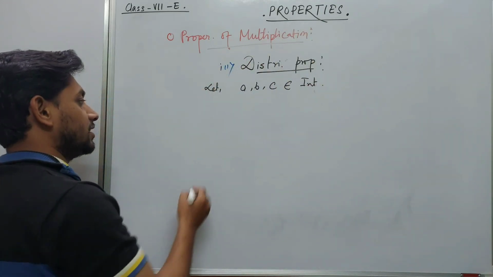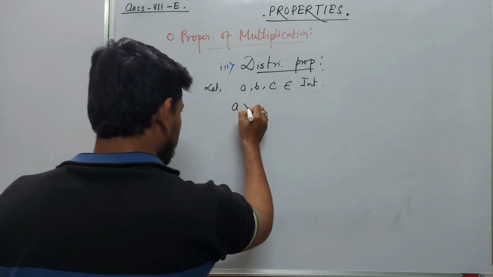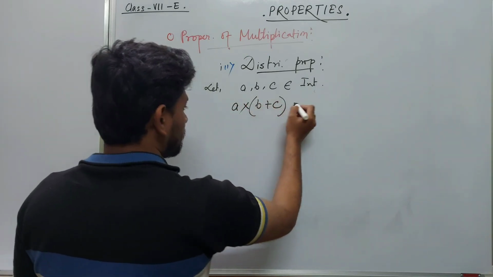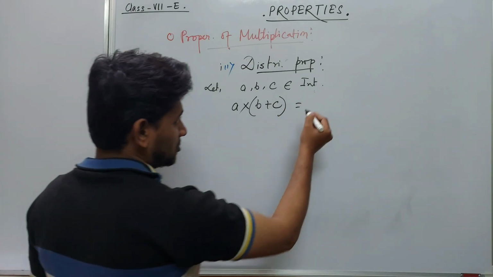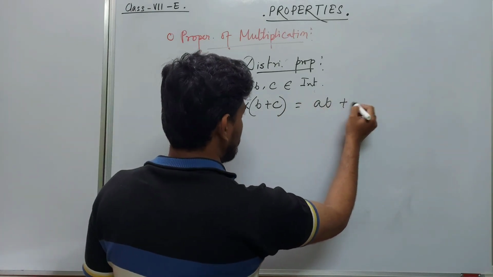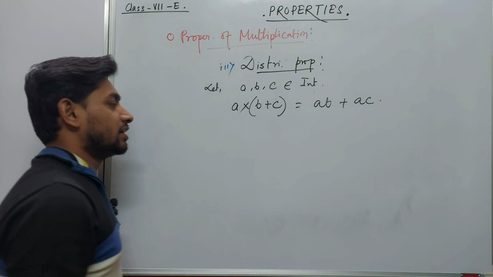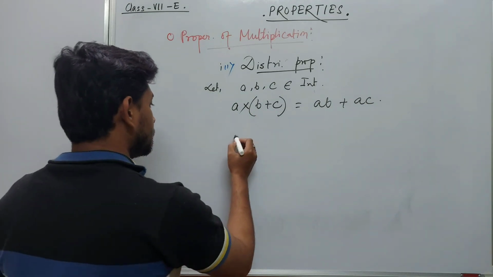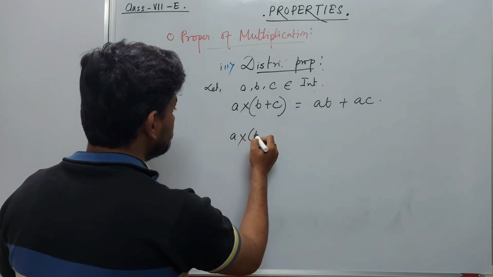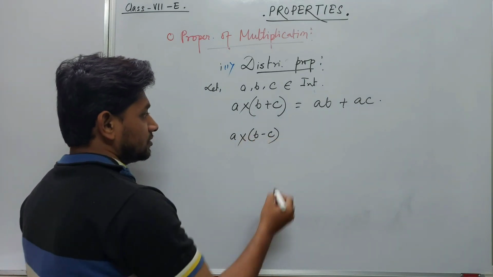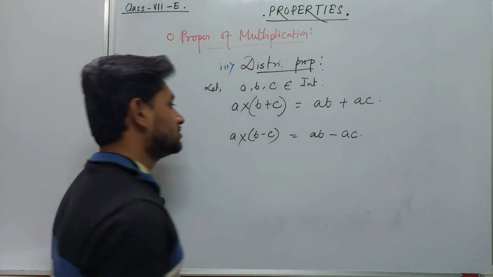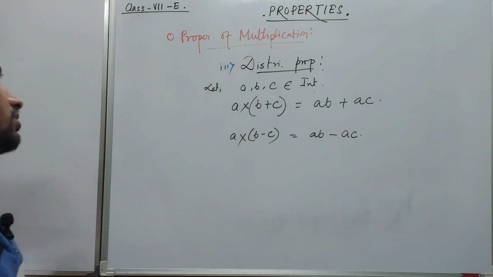Then we can say A into (B plus C) equal to AB plus AC, that is distributive property of addition, and A into (B minus C) equal to AB minus AC, that is distributive property for subtraction.